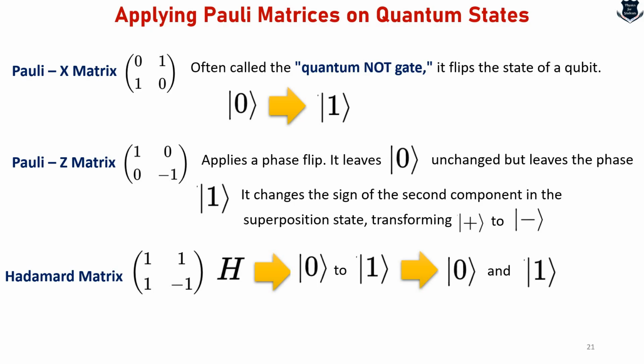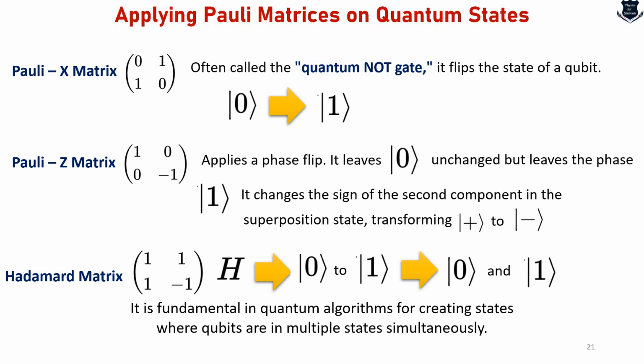Remember, that is why it is superposition. We are using the AND part. And it is a fundamental quantum gate used to create states where qubits are in multiple states simultaneously. So now you see how the Hadamard matrix beautifully creates the superposition.